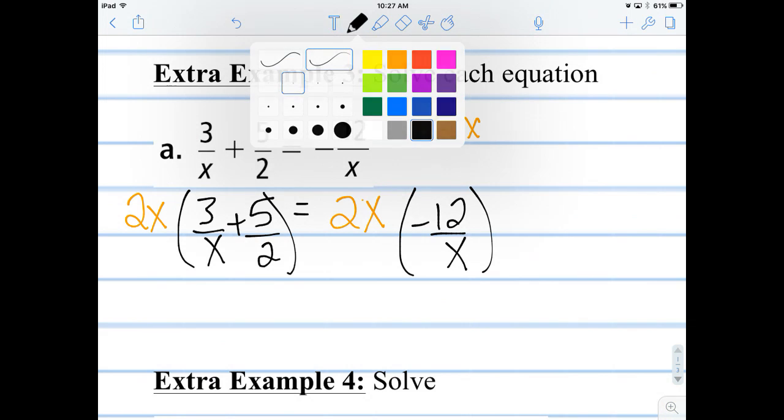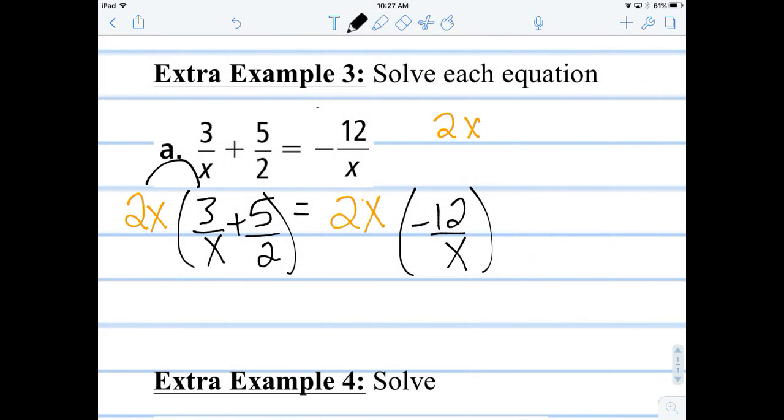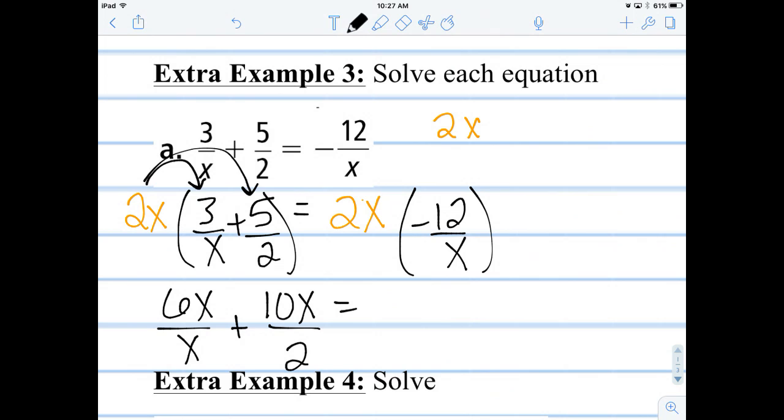Then now we're just going to do some multiplying. I'm going to distribute that 2x in. So I would have 6x over x plus 10x over 2 equals negative 24x over x.